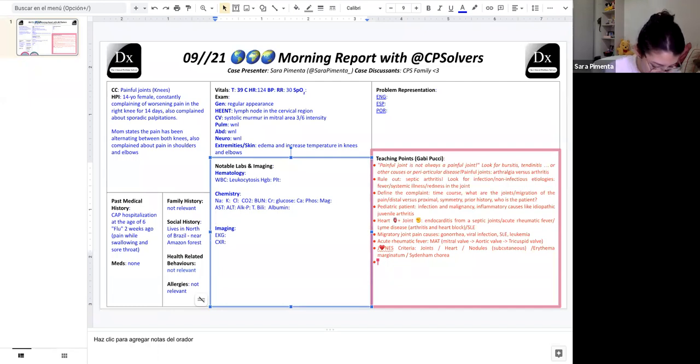We did a CRP, and it came back very high at 55, and an ASO of 500. Oh, and after that, we did an electrocardiogram that showed a prolongation of the PR interval.